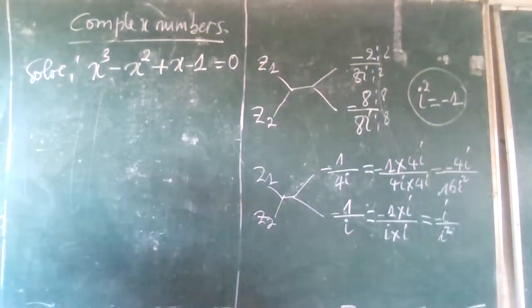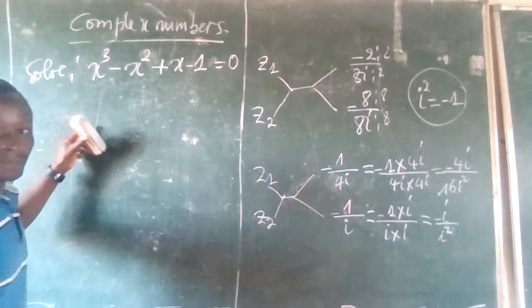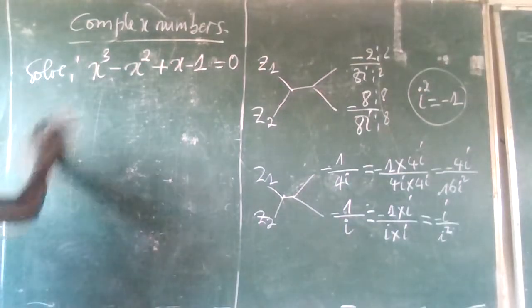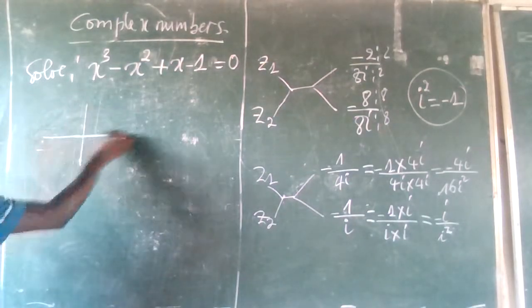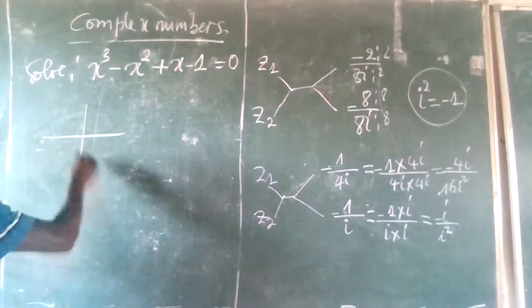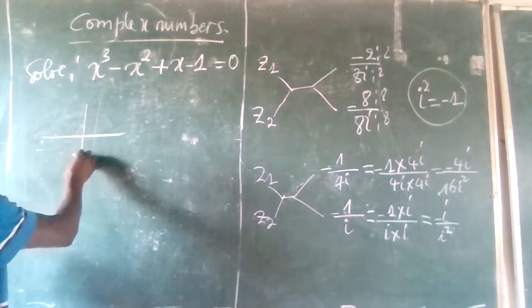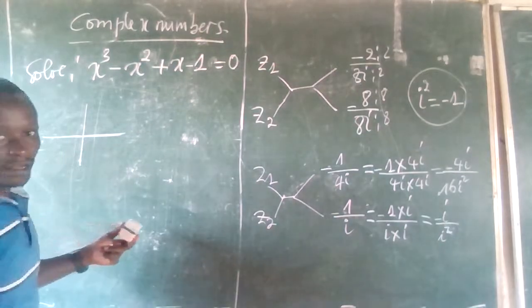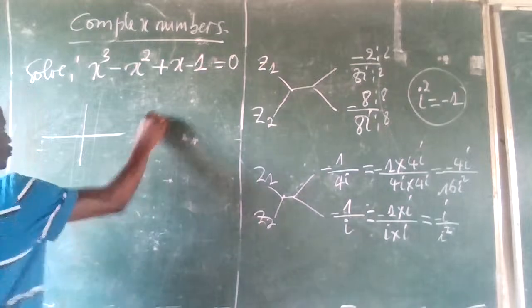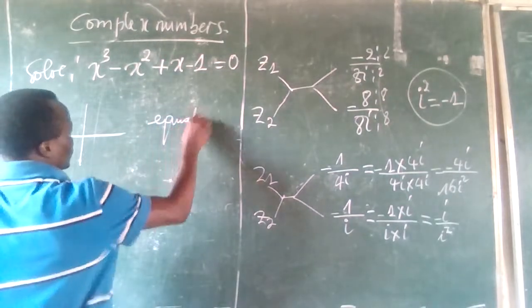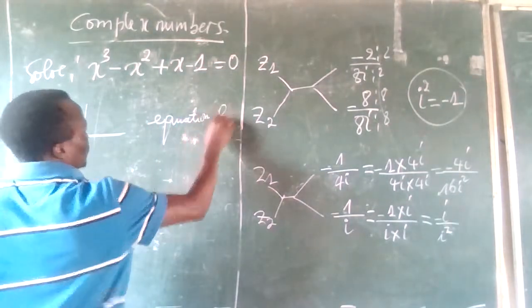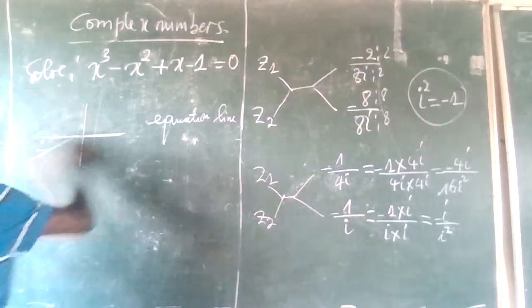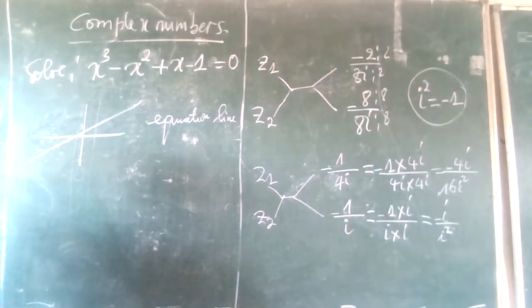About polynomials, this is the Cartesian plane. About the Cartesian plane, this is the equation of a line. A line looks like this on the Cartesian plane.